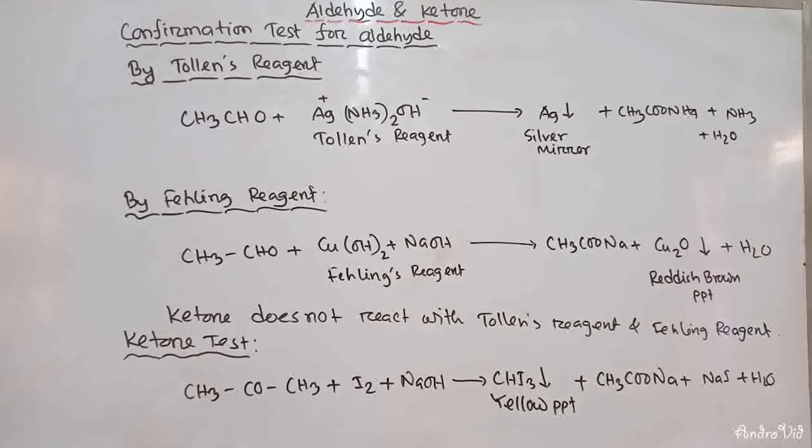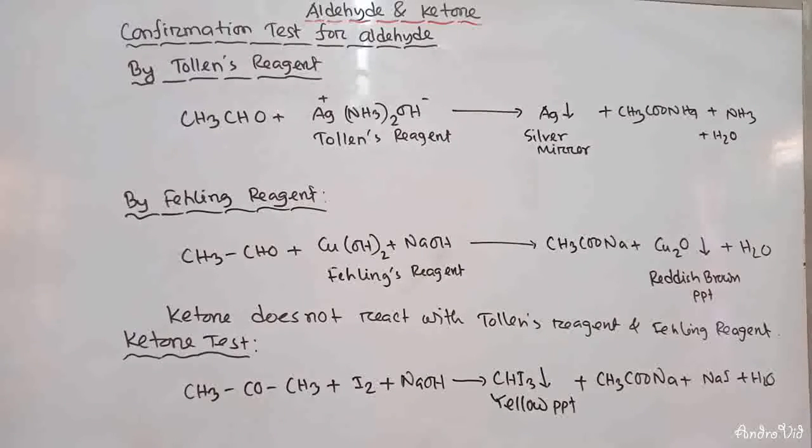So for the first time you have to identify the carbonyl compound. I have already discussed in my previous slide that to identify a carbonyl compound I need 2,4-dinitrophenylhydrazine. By using this I will be sure of either the presence of a carbonyl compound or not. After finding the carbonyl compound, I have to make sure this compound is either aldehyde or ketone.